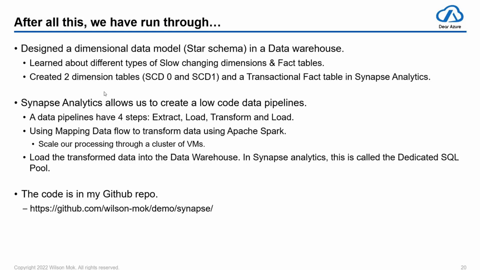The reason why we use mapping data flow is because it's based on Spark, and it allows us to process our data across multiple VMs or a cluster of VMs. Finally, we also loaded data in the data warehouse. The data warehouse that we're using is the dedicated SQL pool. That's what they're called in Synapse Analytics.